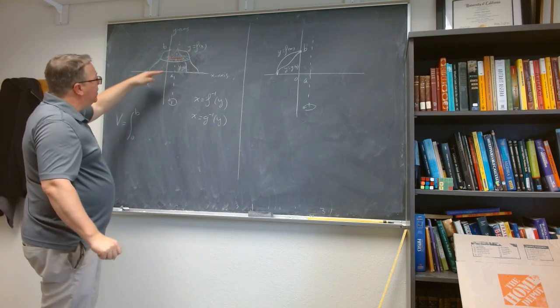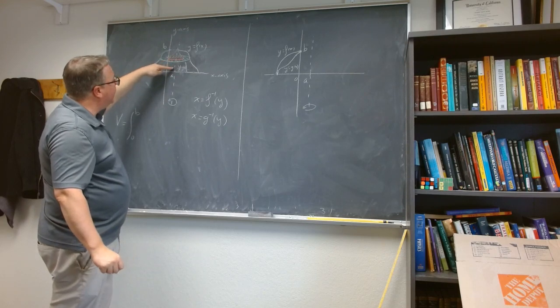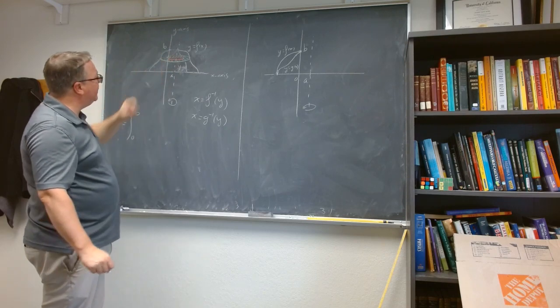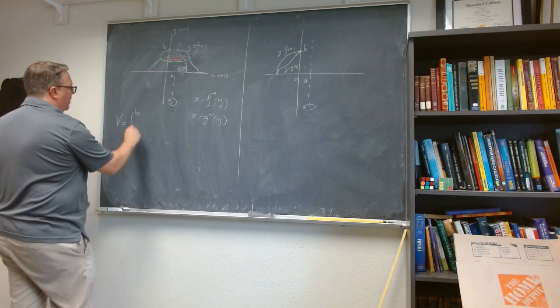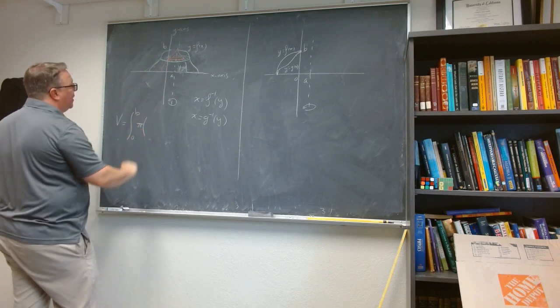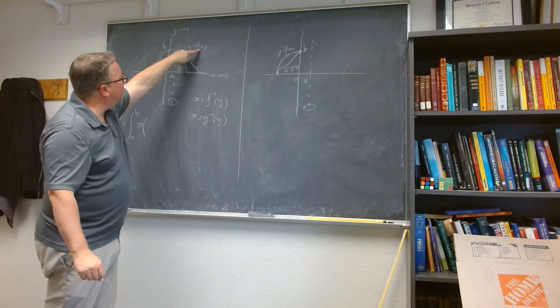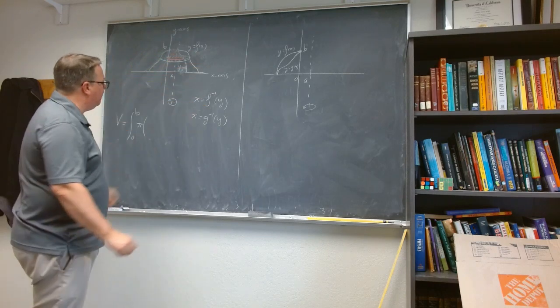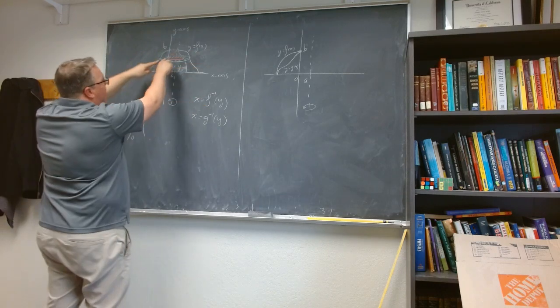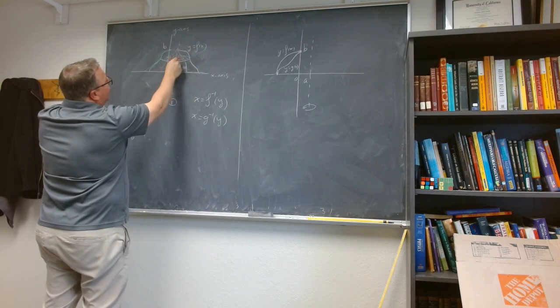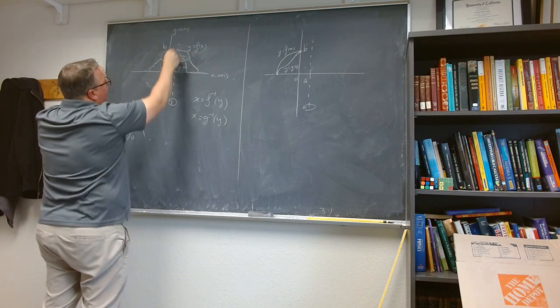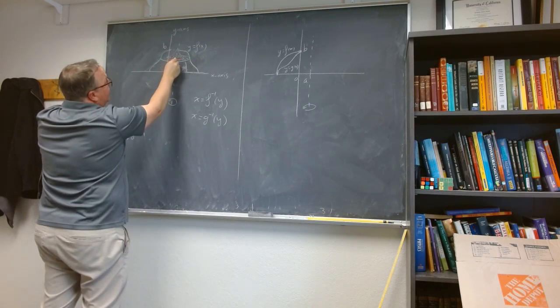Our variable of integration is going to be y because every time y changes, our disk changes in dimension. We're going to have pi times the outer radius, which is the green curve. That's given by the f graph, so it's going to be the f inverse, but it's not exactly the f graph because our axis cuts into it.